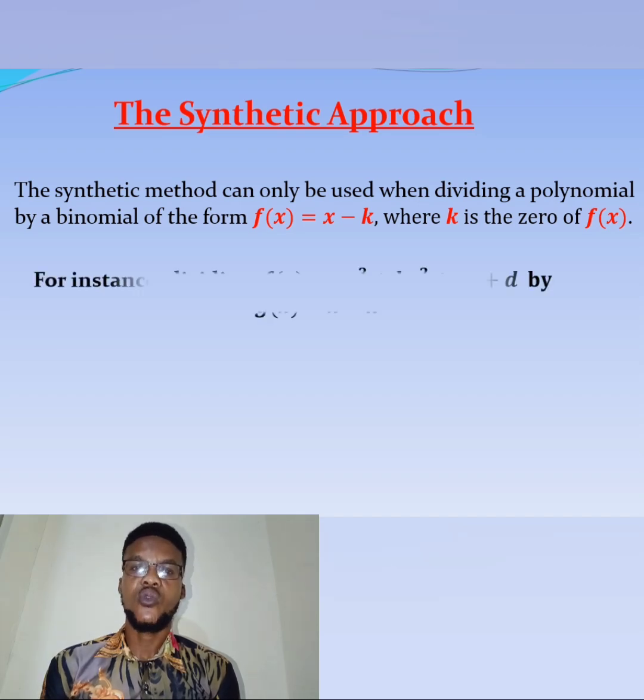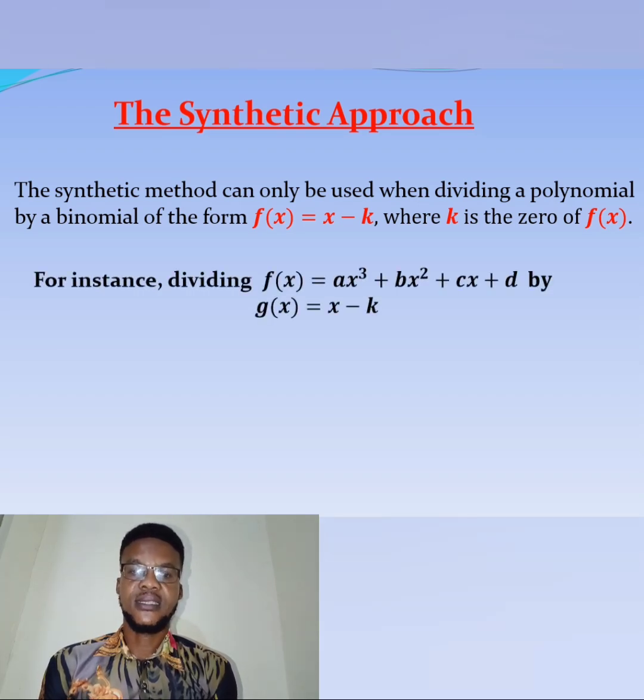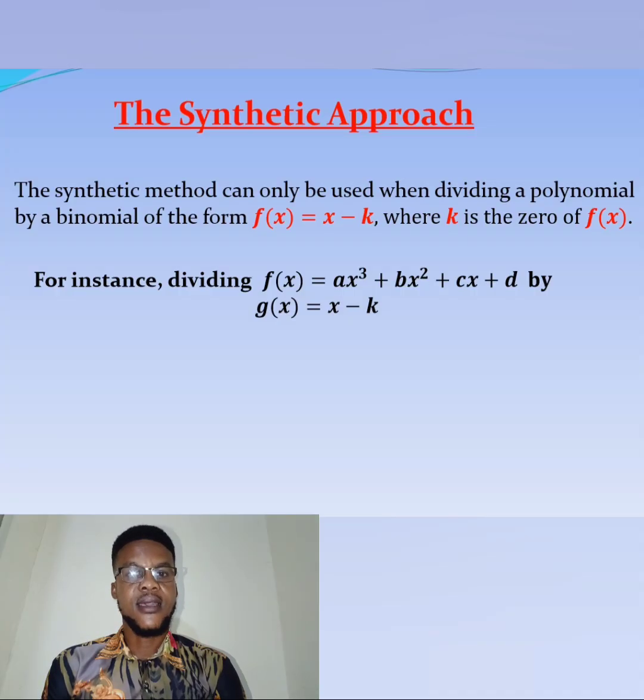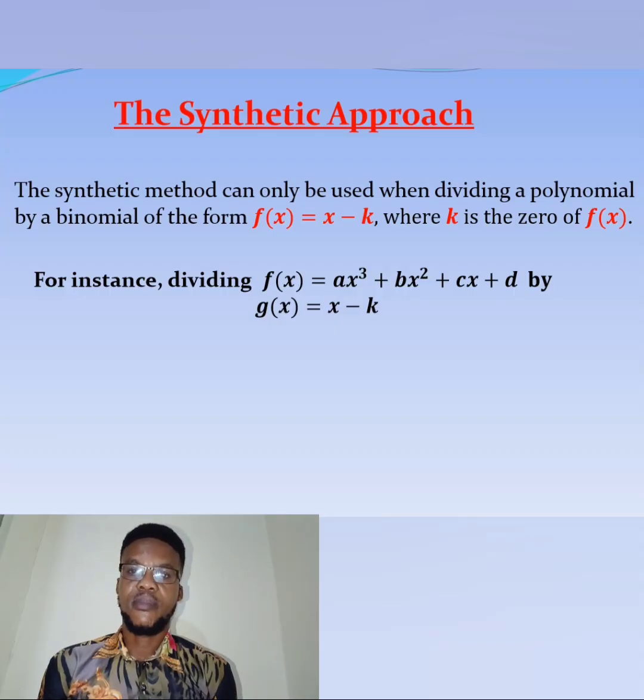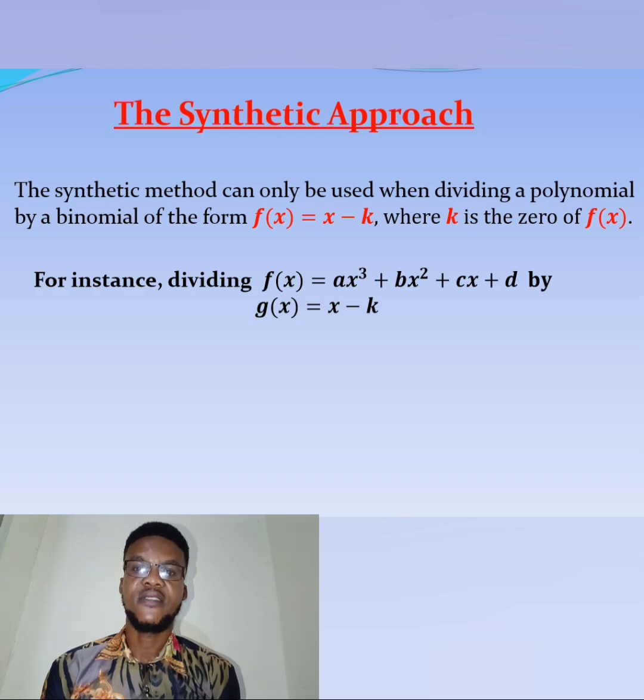So what you do is, let's take this example. Let's say we are to divide f of x, which is given as ax cubed plus bx squared plus cx plus d, by g of x, which is given as x minus k. For this one we can use the synthetic approach, because the divisor is given as x minus k.